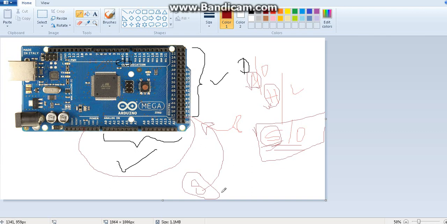Same thing, if you are giving 5 voltage as the input, and you read pin 53, it will give you the value of high or 1. Mostly it will give you 1, because 1 means high, 0 means low. So if you serial print, you will get 1 as the value because you connected it to 5 voltage.